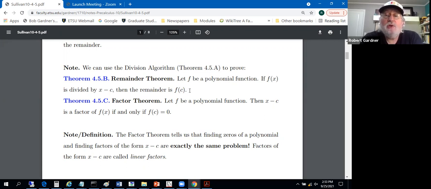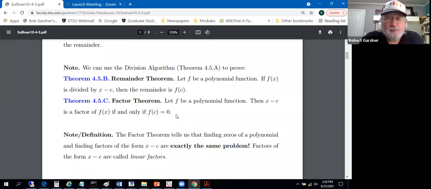In particular, if f of c is 0, then we have a remainder of 0, and we have a divisor of polynomial function f, and we have a root of that function, as we'll see. The factor theorem says, if f is a polynomial function, then x minus c is a factor of f of x if and only if f of c equals 0.